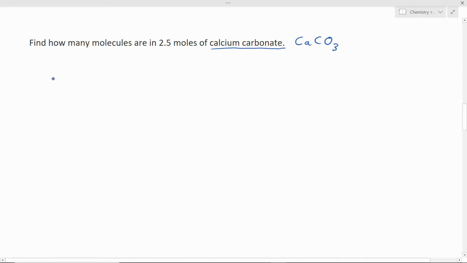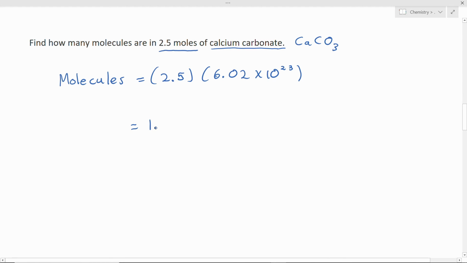Alright, so here we know that molecules are the number of moles times Avogadro's number. So the number of moles here are 2.5, and we multiply that by 6.02 times 10 to the 23rd. And that will give us an answer of 1.51 times 10 to the 24th molecules.